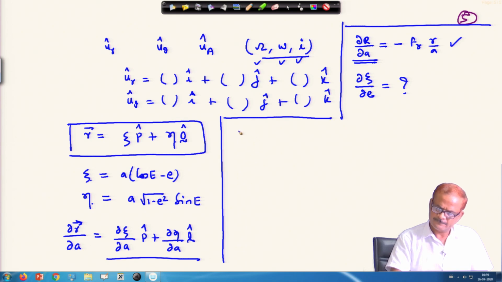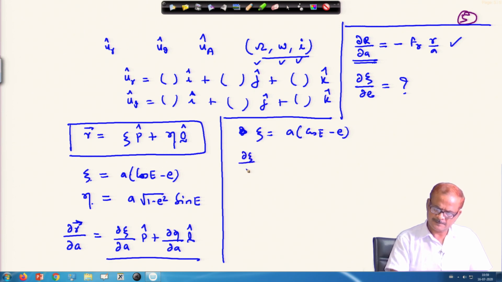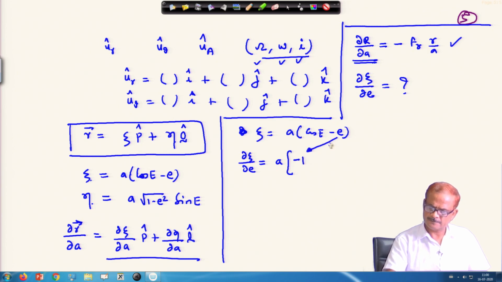So again we start by writing ξ = a(cos E − e), and therefore we can see from this place what ∂ξ/∂e will be. This is a times, here e will be minus 1 once we differentiate, and cos E once we differentiate will be −sin E ∂E/∂e.